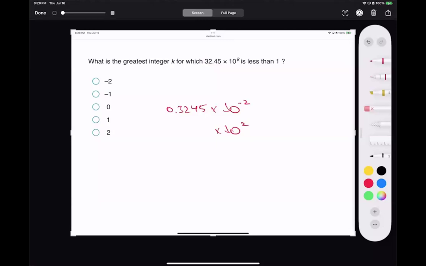Yes, because I want this to be this, so I need to put -2 to move or divide by 100. Do you guys agree? 10 to the power -2 is 1 over 100.